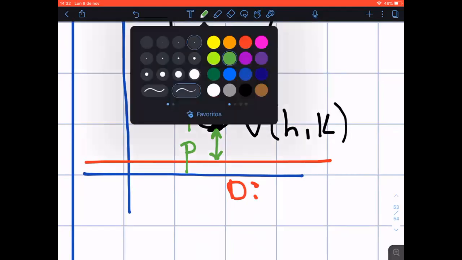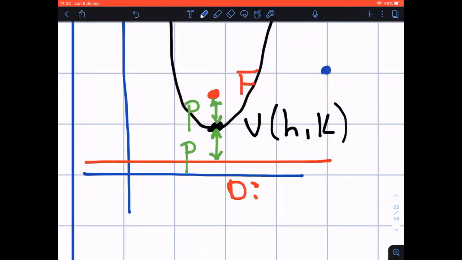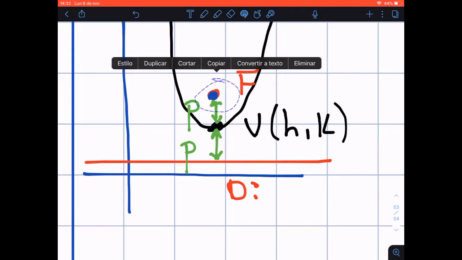If I draw a point and I position this point on the vertex, and now I want to find the coordinates of the focus, what I would do is move this blue point vertically to the focus, right? How many units do I move the point from the vertex to the focus? I move it P units, right? Do I move it horizontally? No, I do not move it horizontally, only vertically, okay?